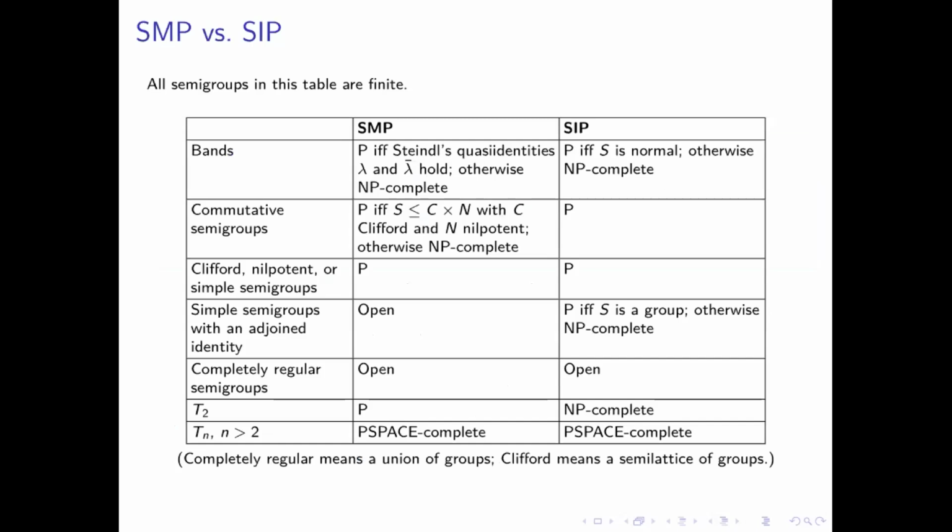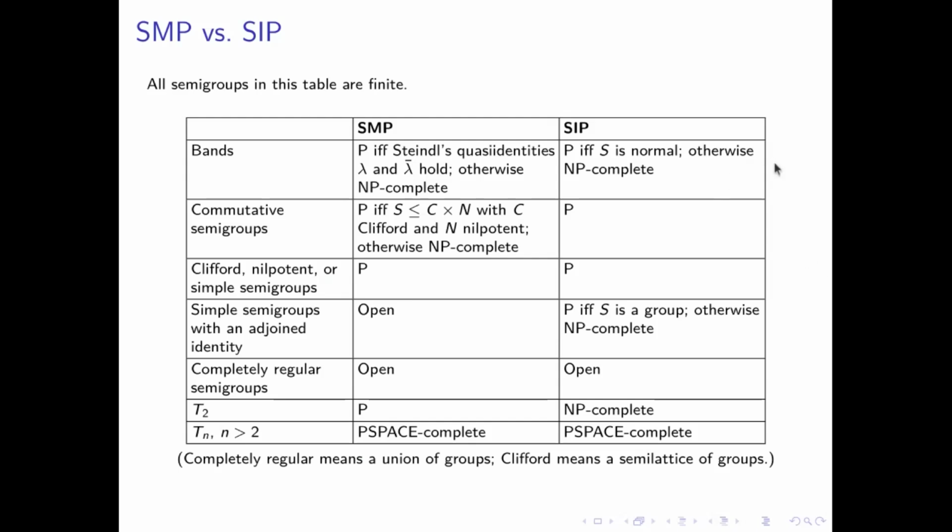Okay, so before ending the talk, I would like to compare the subpower membership problem and the subpower intersection problem. In the beginning I felt they were very similar, but it turns out that sometimes SMP is easier and sometimes SIP is easier. For bands, Steindl shows that SMP for bands is in P if and only if certain quasi-identities hold, and otherwise NP-complete.